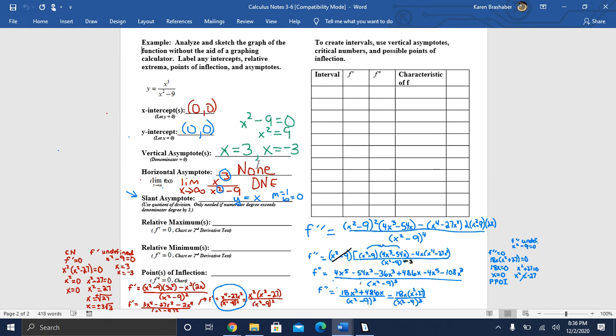So what you see on your screen would be all the calculus work for establishing the critical numbers and the possible points of inflection. And so now we're going to start working on the table. I'm going to start a new video to do that work.